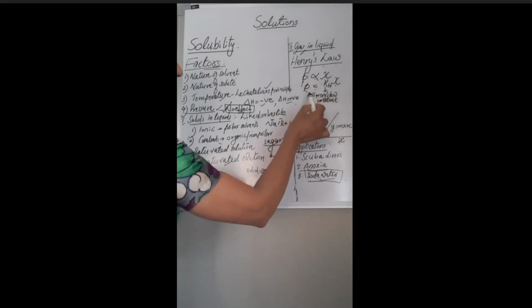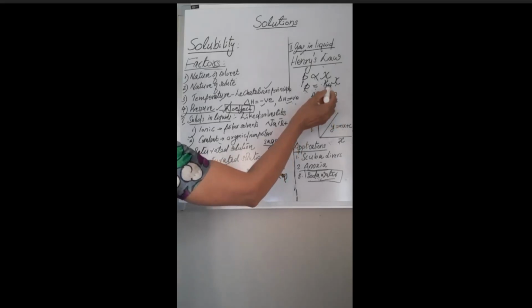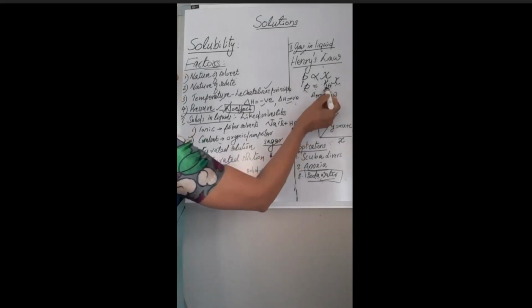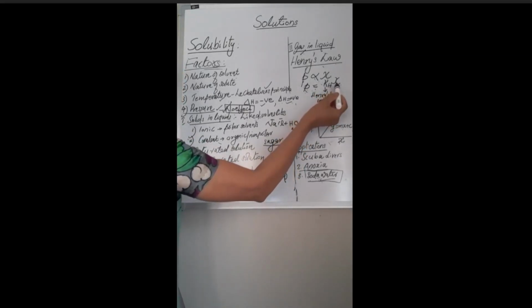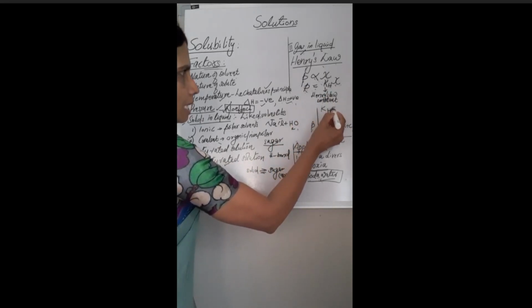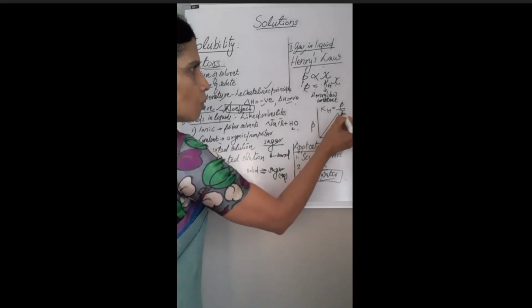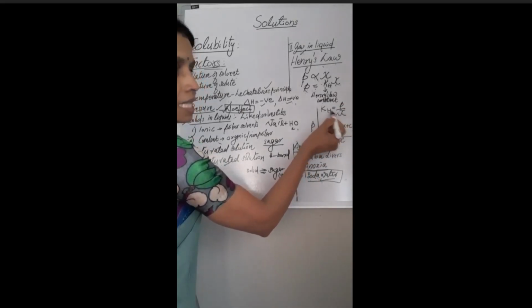Again, considering the equation P equals Kh times mole fraction, you can find the relationship between Henry's law constant and solubility. If you take Kh equals partial pressure divided by mole fraction, they are inversely related.